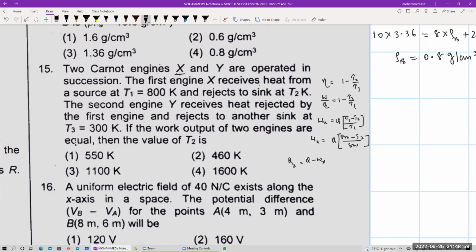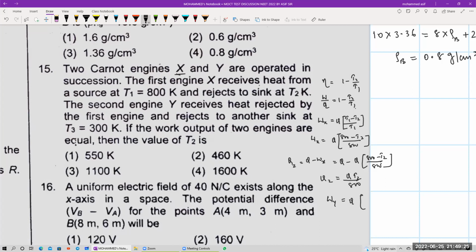So that will be equal to Q minus W of X, means Q into 800 minus T2 divided by 800. If you simplify this, you will get Q into T2 divided by 800. This is your Q2. Then work done by Y will be equal to how much?